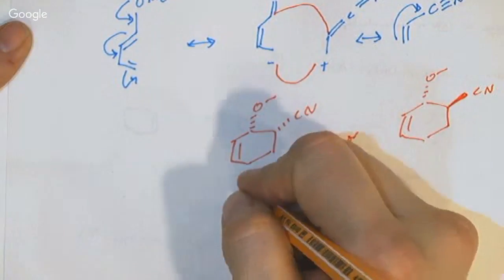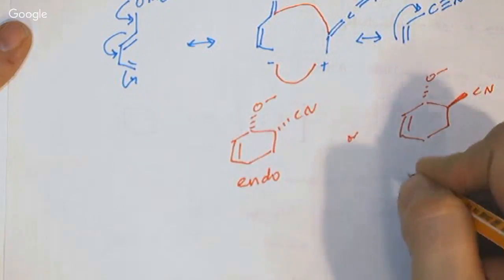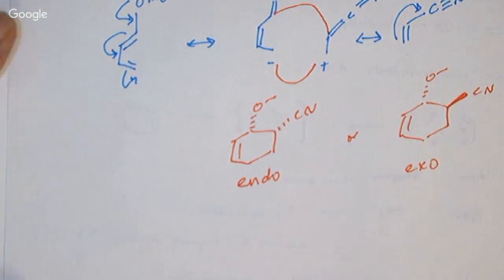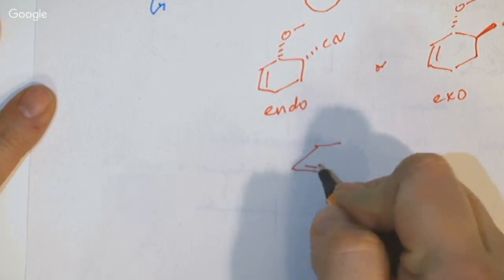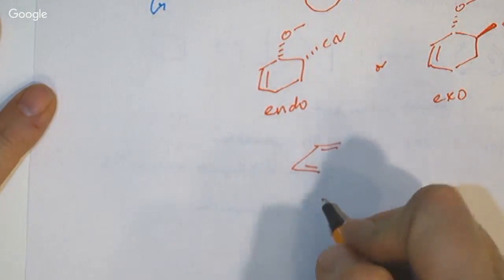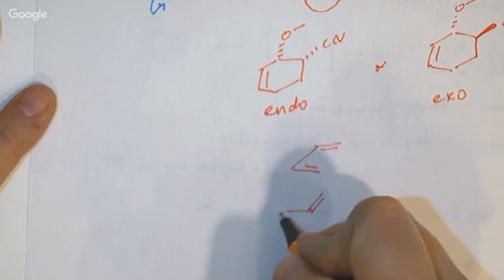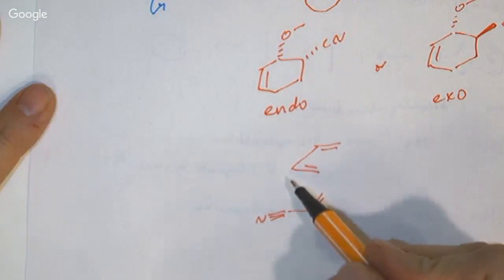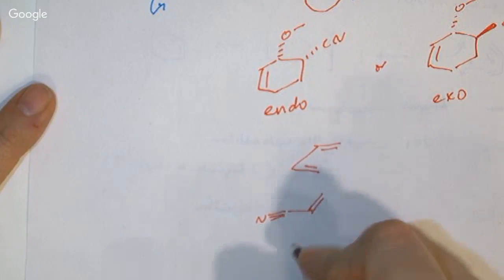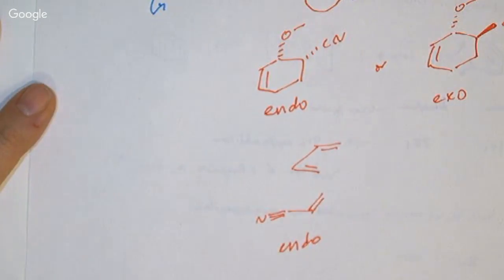And in this case, this would be the endo product, and this would be the exo. Remembering that when we talk about endo versus exo, if you think about that diene being on the top and the dienophile on the bottom, in this case, we'll have that nitrile group sticking up. If that nitrile group is pointing towards the back of the diene, this is the endo transition state.